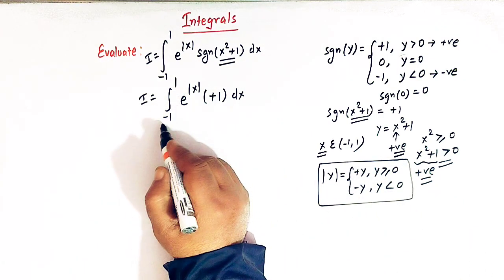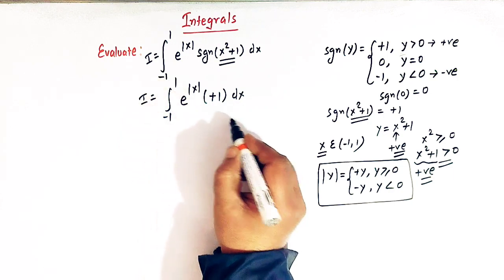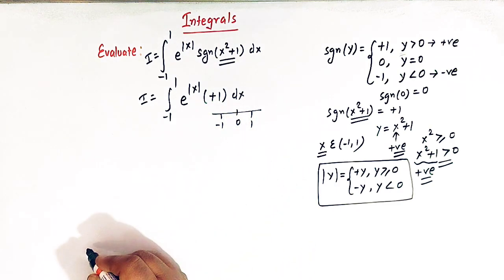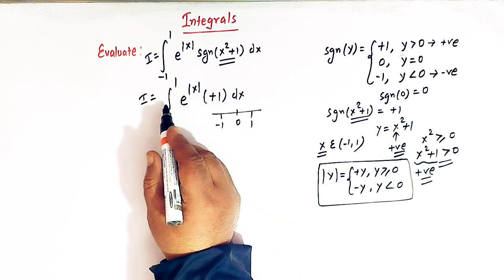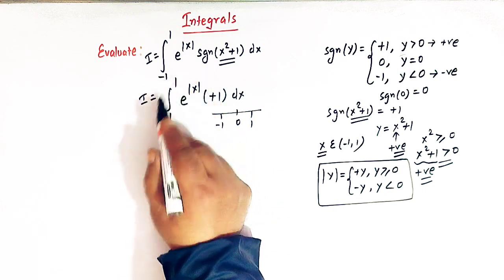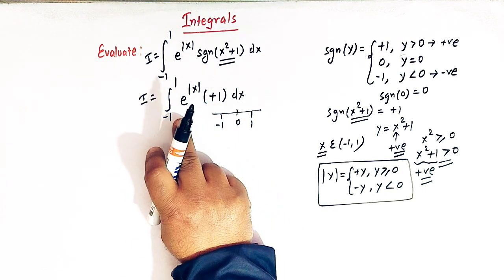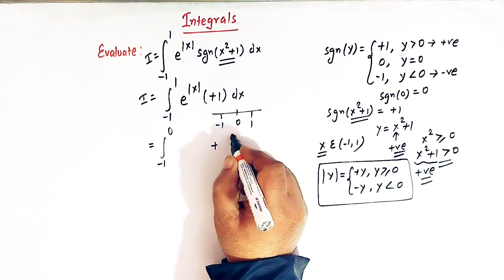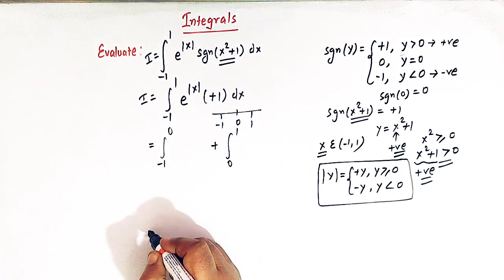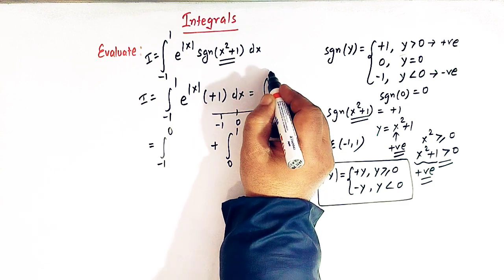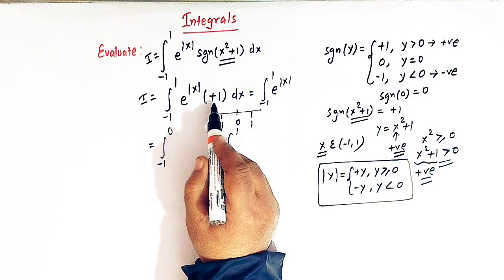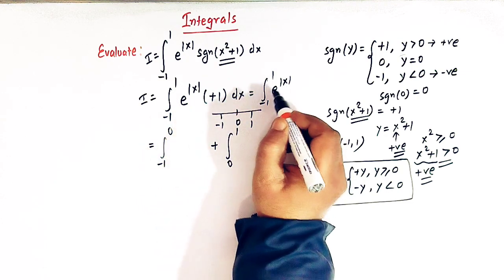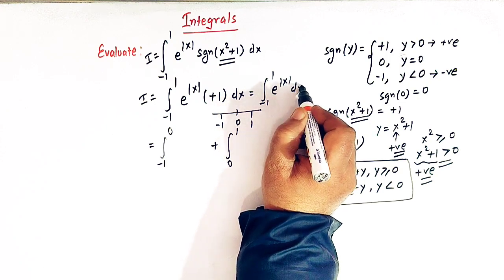Here the limits of integration go from -1 to 1, with 0 between -1 and 1. So we'll break this integral into two parts: the first from -1 to 0, and then from 0 to 1. Because e raised to mod x multiplied by 1 is simply e raised to mod x, we have the integral of e raised to mod x dx.